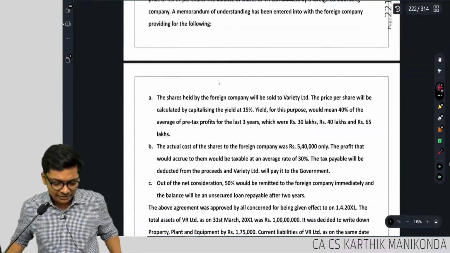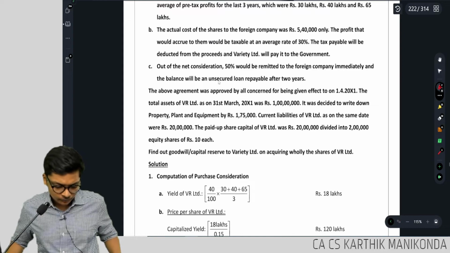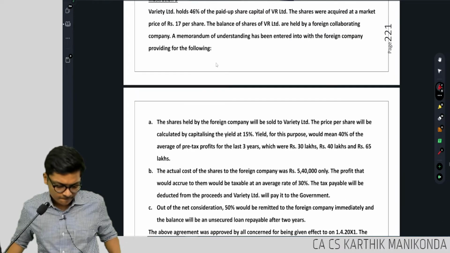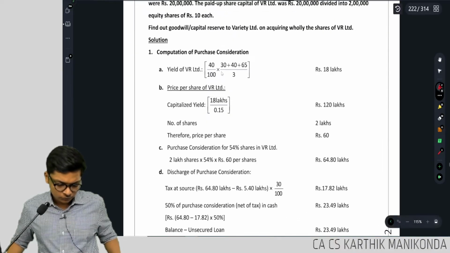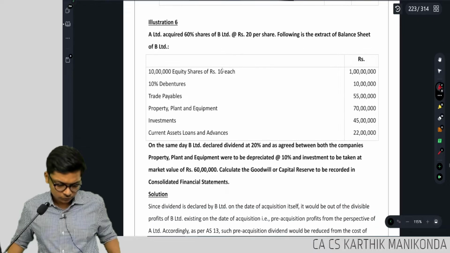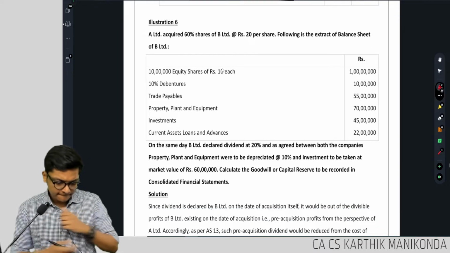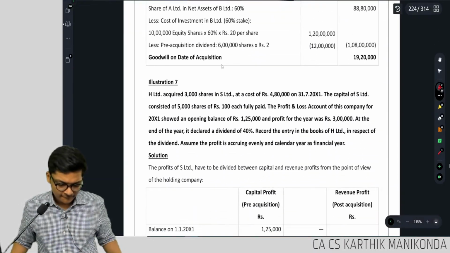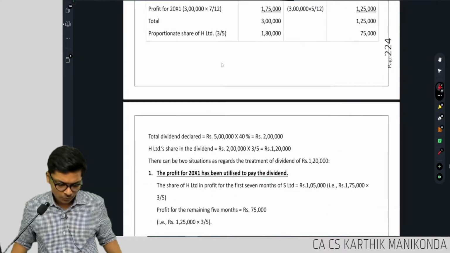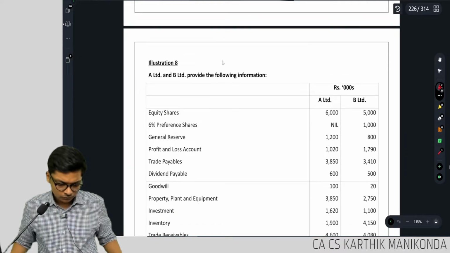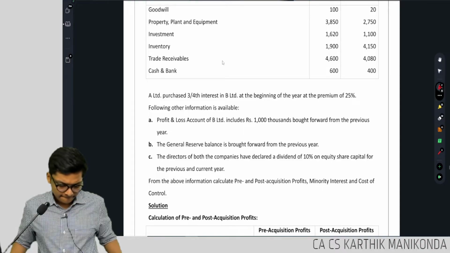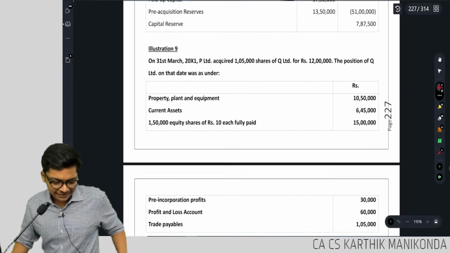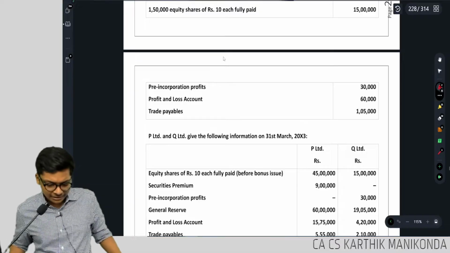I'll tell you which sum is correct to start off with. I'm just seeing if we can solve one sum in the current stage.